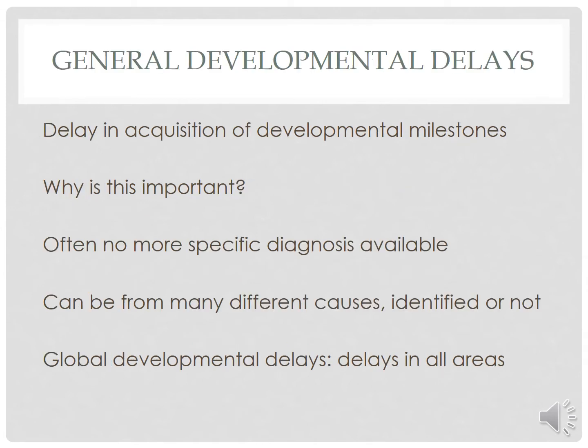Other than autism as a diagnosis in the preschool years, we very often see the diagnosis of a general or global developmental delay. Usually the pediatrician, sometimes the parent, sometimes the teacher, notices there's a delay in acquiring developmental milestones. The child just is not hitting things when they're supposed to. Now, developmental milestones are very important.